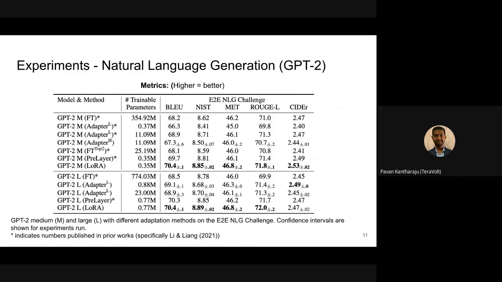So here in this case, I forgot to mention, they use GPT-2 medium and GPT-2 large. In the medium case, LoRA outperforms all of the other baselines, and in the large case, it outperforms the majority of the baselines. So for natural language generation, it looks like LoRA actually performs better compared to natural language understanding.